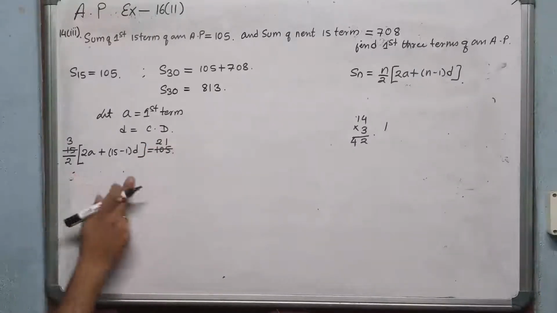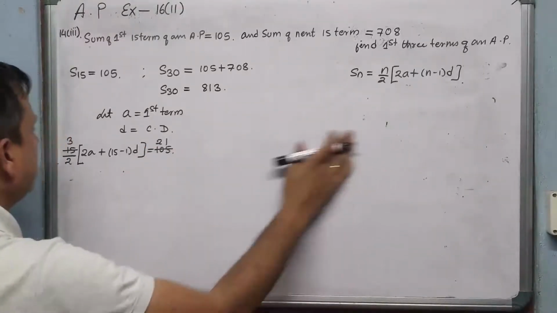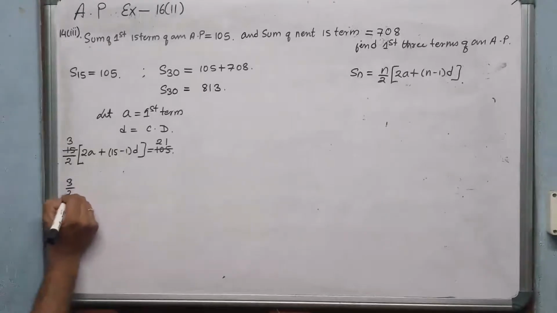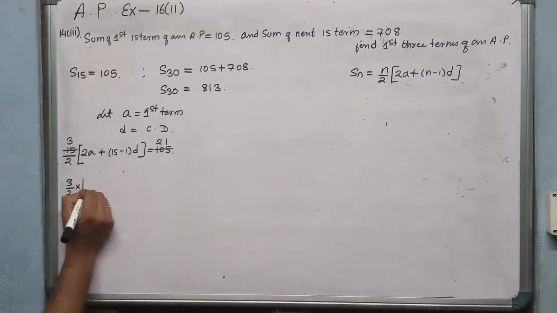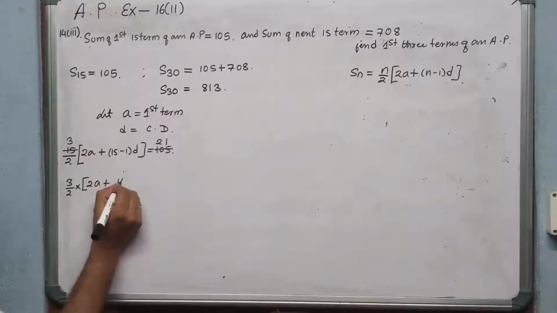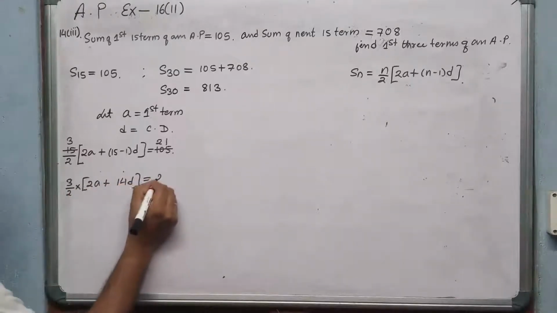Or we can solve this particular equation in a different, easier way. 3 by 2 into (2a plus 14d) is equal to 21.